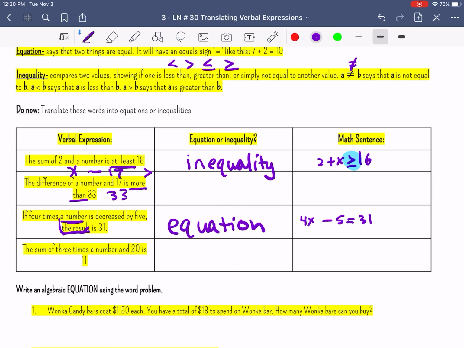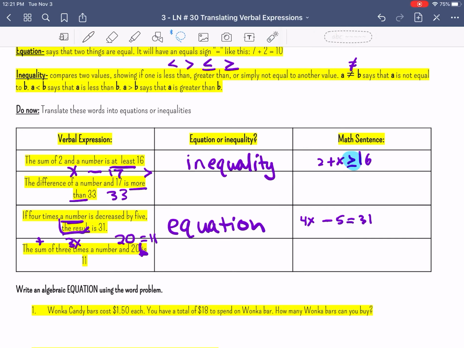And now the last one, I'm going to try the sum of 3 times a number. So just like above, we know that means 3x, and 20 is, so there's only one result of this, 11.